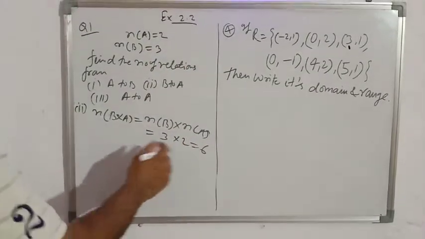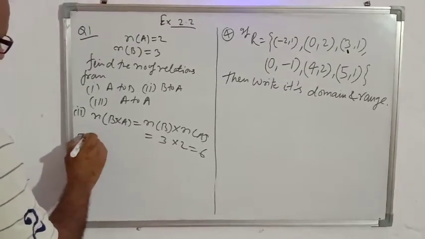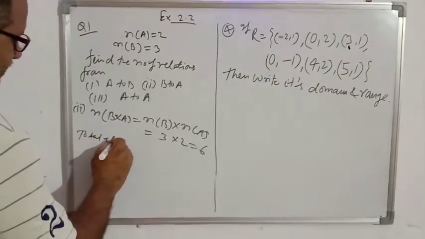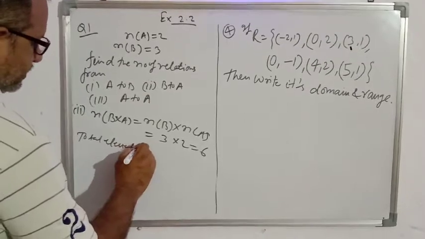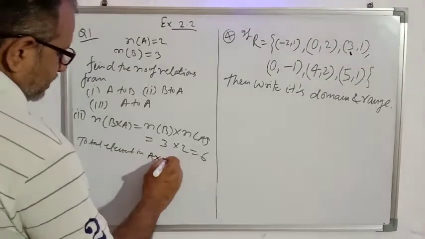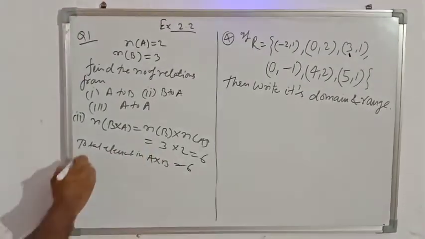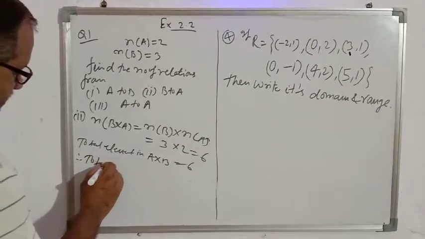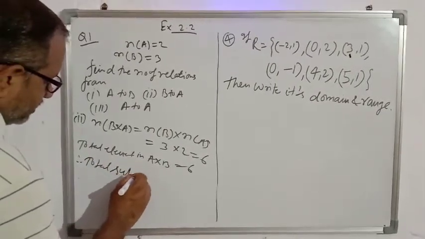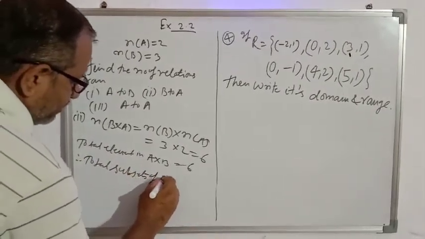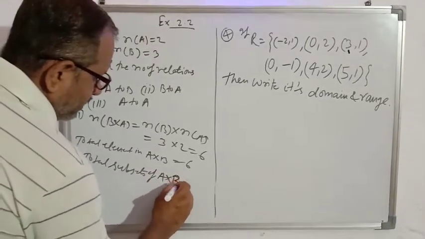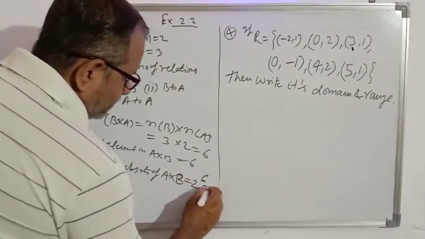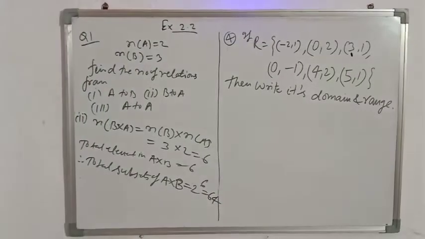So n(B cross A) is equal to 6. Total elements in B cross A is 6. So therefore total subsets of B cross A will be again 2 to the power 6, 64.